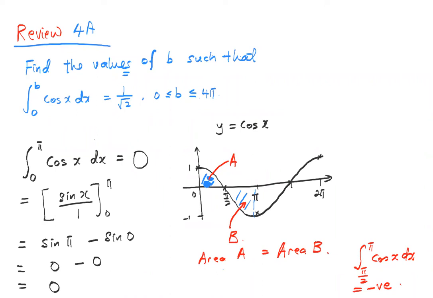Am I right? So if you look at the trigo curve, I can also tell you that if I integrate from 0 to 2 pi, cos x dx, I will get 0 as well. Am I right?